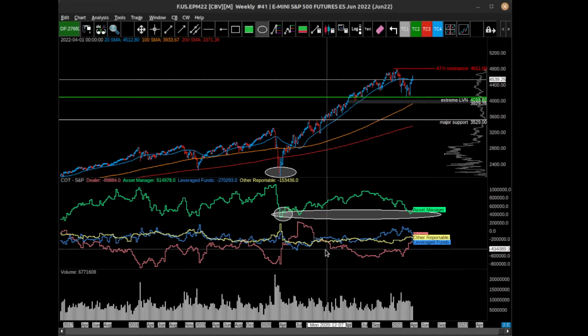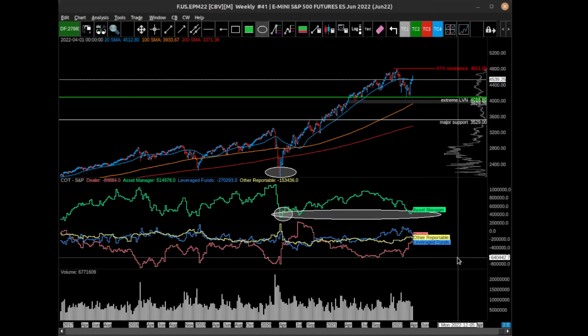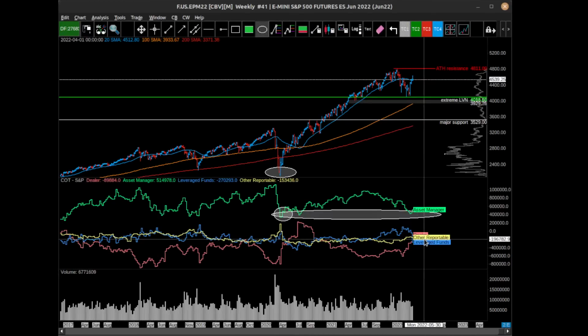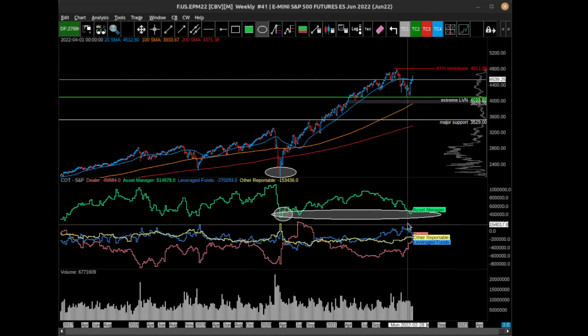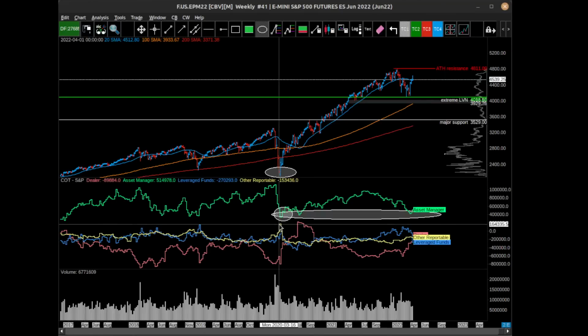Other reportable, these are all smaller traders. These blue lines are like smaller hedge funds. Relative to the asset managers and levered funds, they're large traders that are considered small relative to these other big ones. Anyway, these guys can be pretty smart.